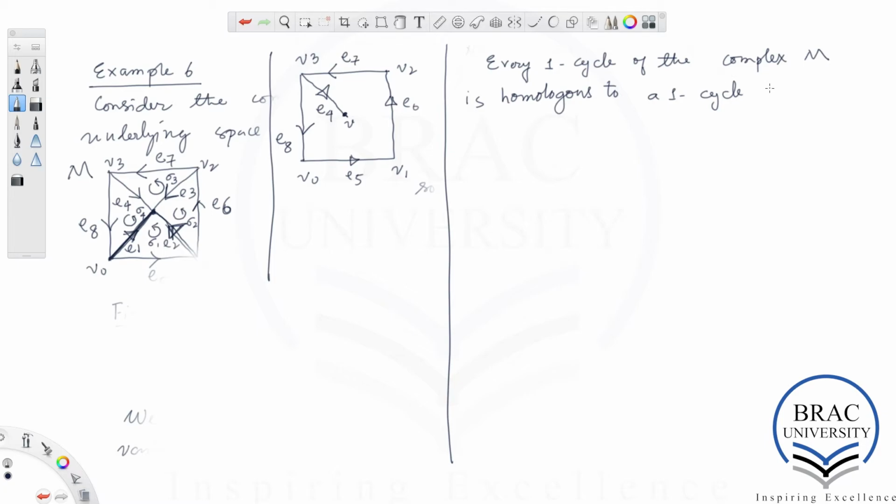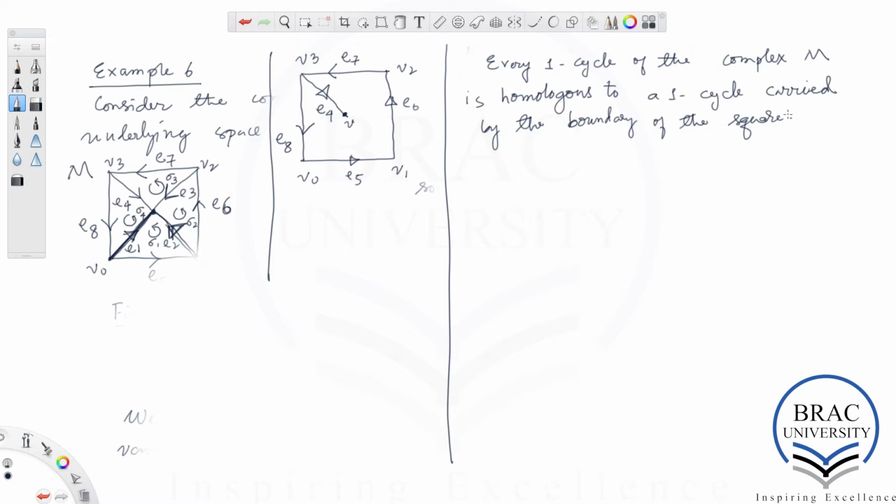One cycle carried by the boundary of the square.